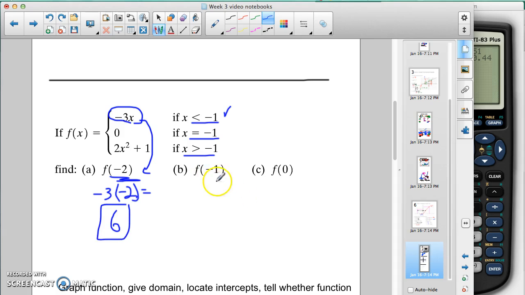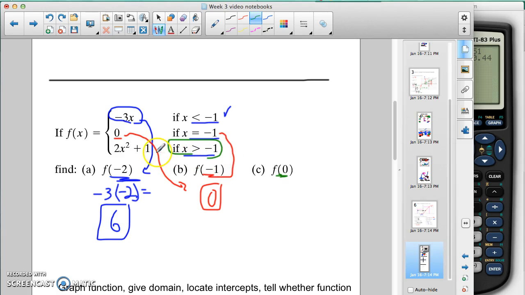Alright, -1. -1 happens to be equal to -1, so we're going to use this rule. There's nowhere to plug in our value for x. It's a constant value, so our answer here is 0. It doesn't have anywhere to plug it in, but that's our function that we're going to use. And for our third value, 0 is going to be in this domain.